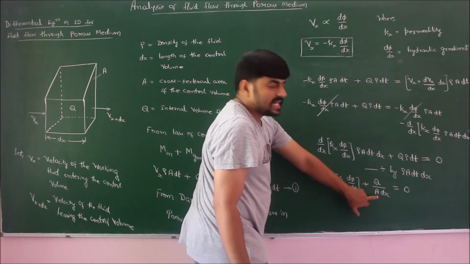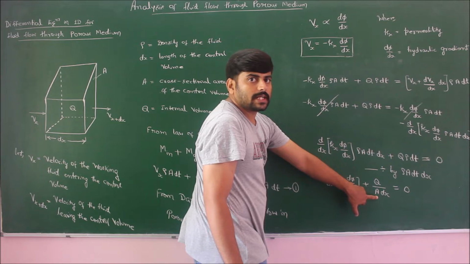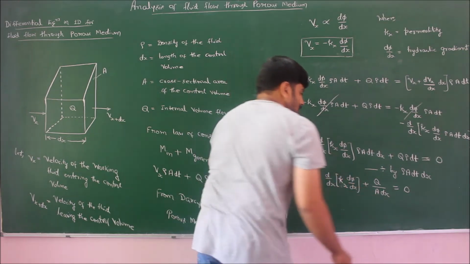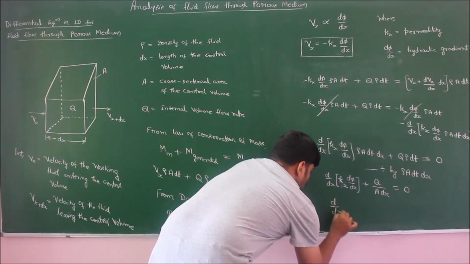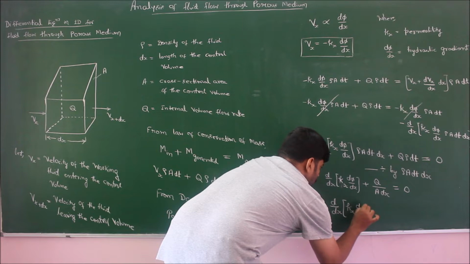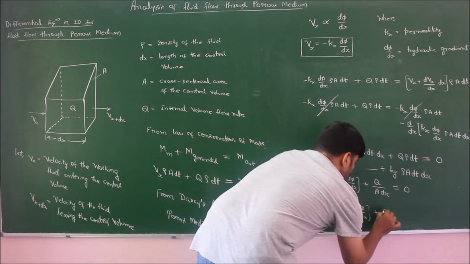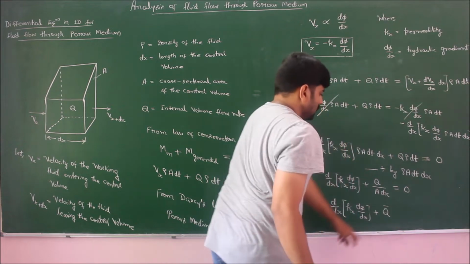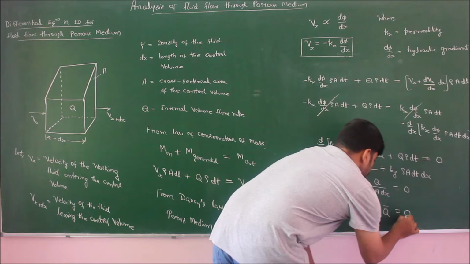So q by A dx can be considered as internal volume flow rate per unit volume. I can write the final differential equation as d by dx of permeability times the hydraulic gradient plus the internal volume flow rate per unit volume is equal to 0.